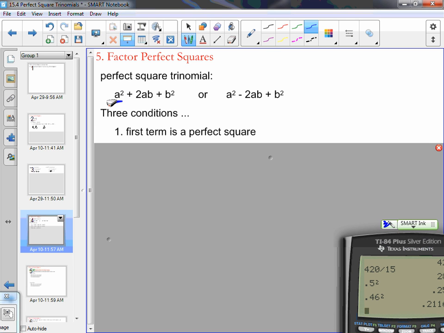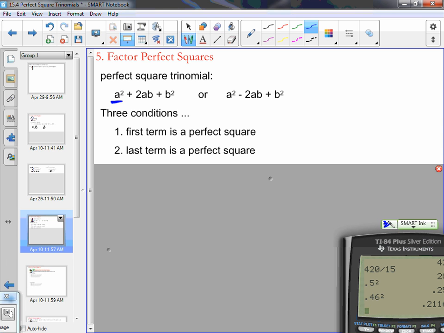What do you think is true of the last term of your perfect square trinomial? Same thing, right? It also has to be a perfect square, because it's that second term of the binomial squared.